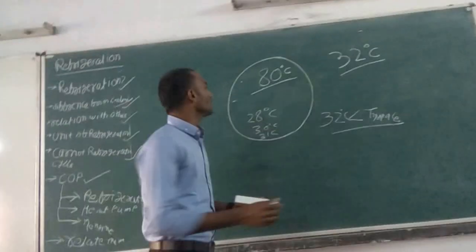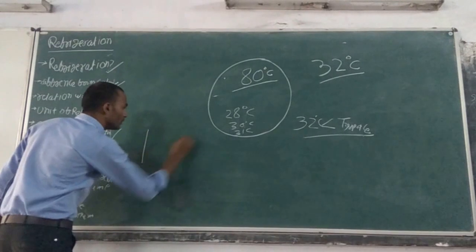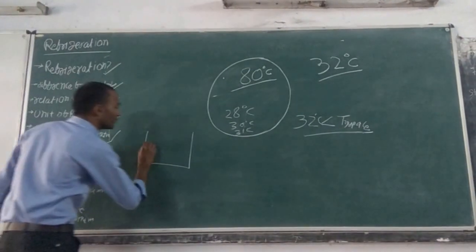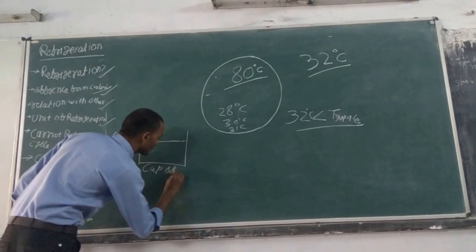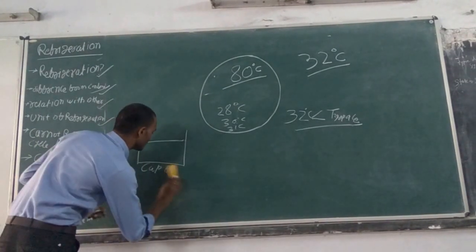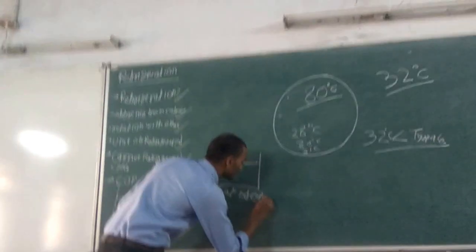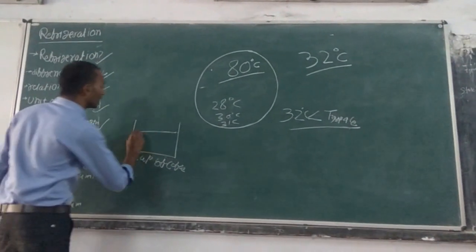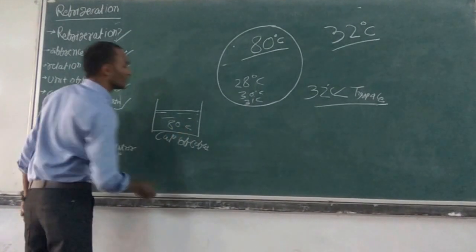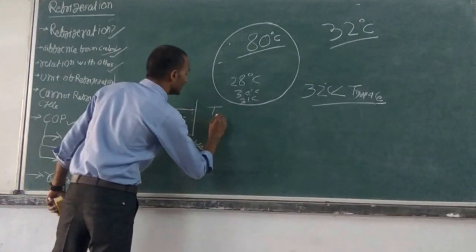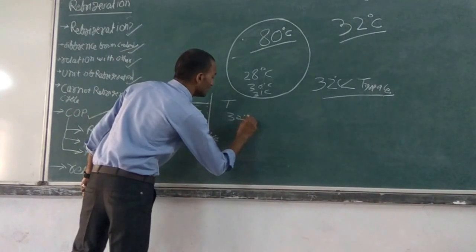So for the cooling process, we would like to give the example of a cup of coffee. Suppose a cup of coffee is there, whose temperature is 80 degrees centigrade, and the atmospheric temperature is 32 degrees centigrade.